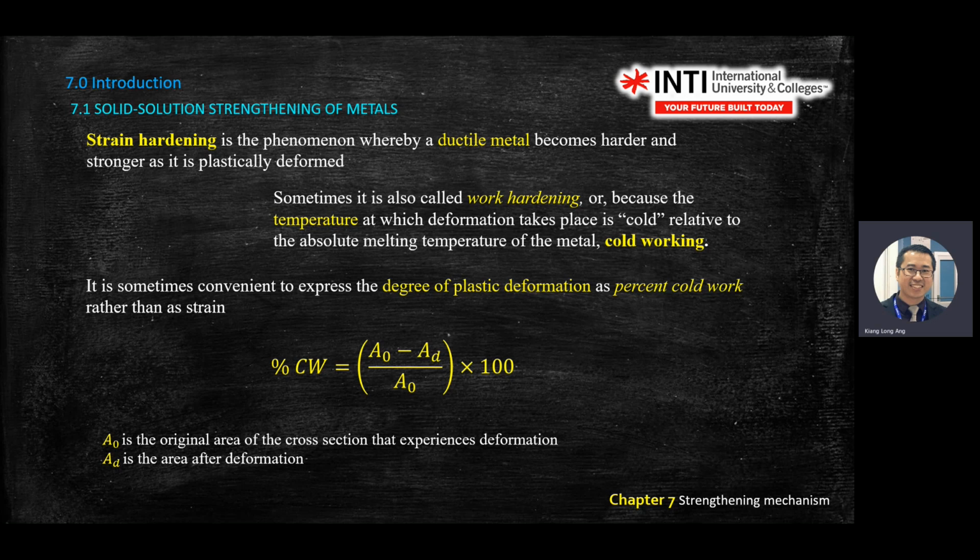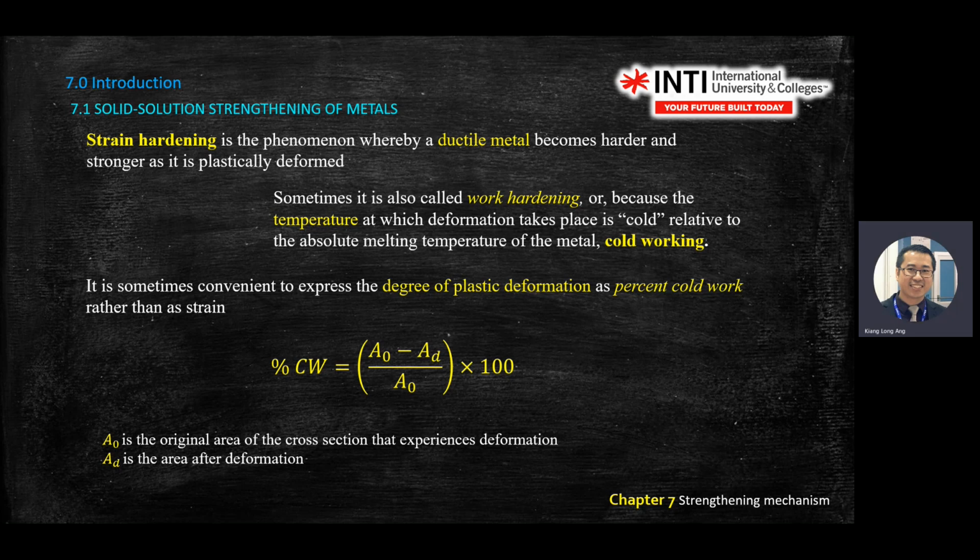In calculation, because the area is normally round, you get pi r squared, or pi d squared divided by 4. Pi and 4 are constant values, so you only deal with the radius or diameter. So you still come to the strain, the diameter.